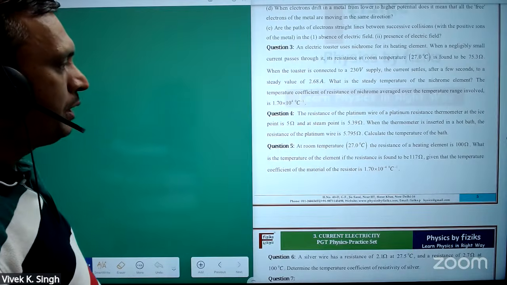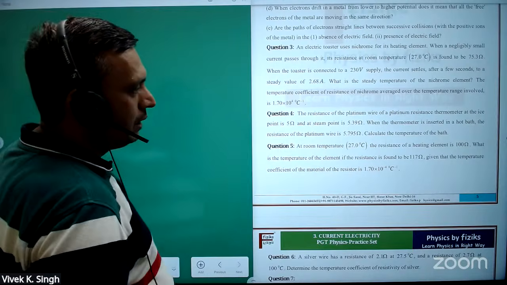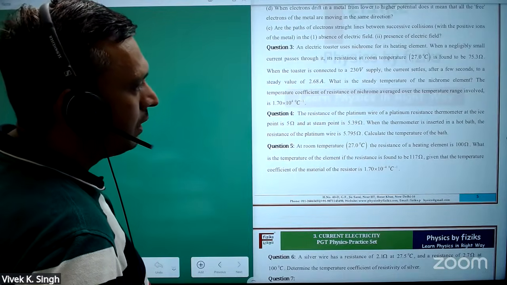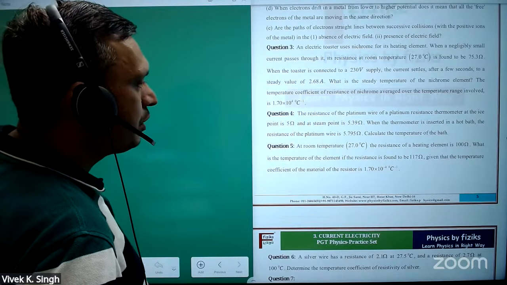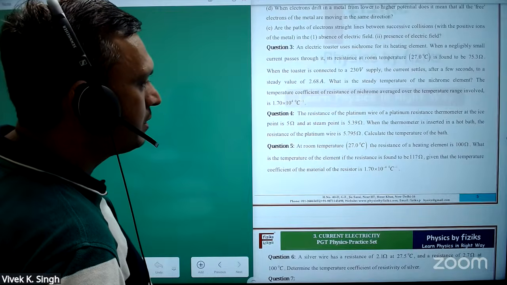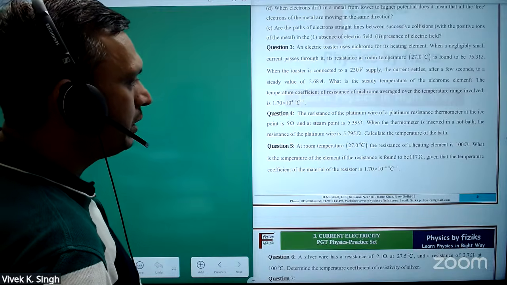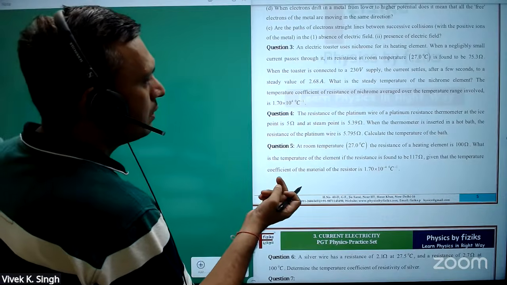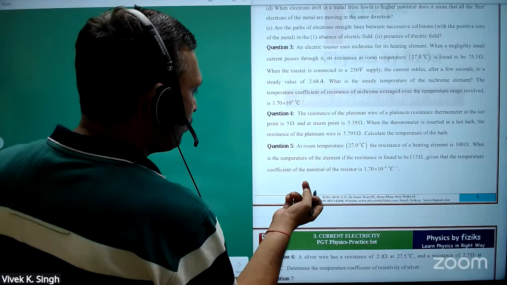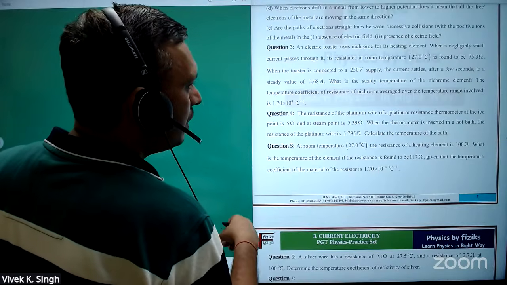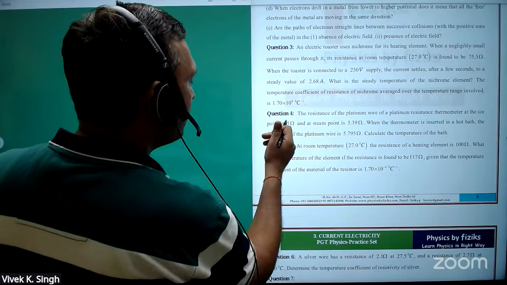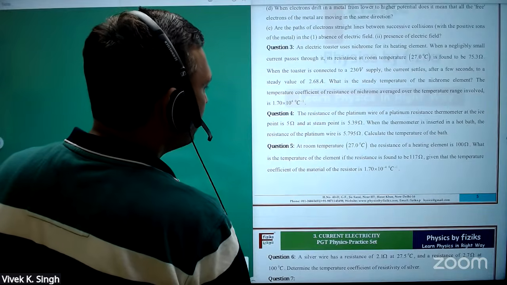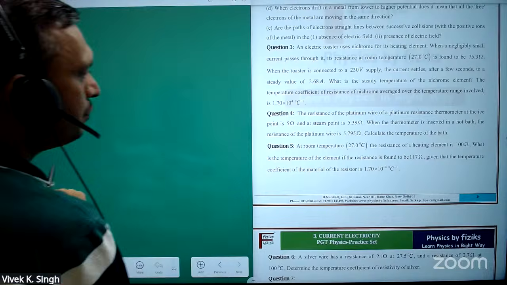At room temperature, the resistance of a heating element is 100 ohm. What is the temperature of the element if the resistance is found to be this value? You can easily find question number 5 also. Question number 5 is the same type of question, so you can solve it. Now question number 4.